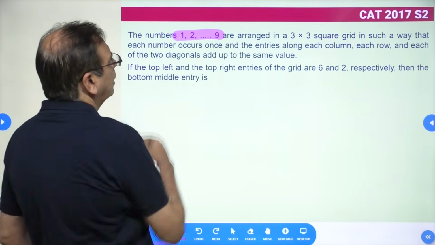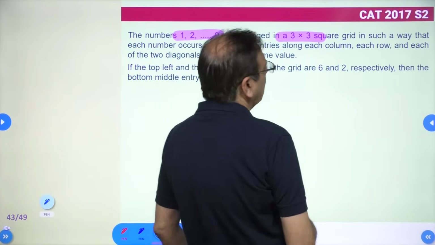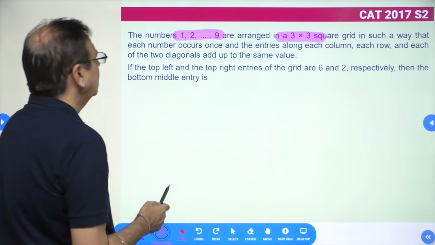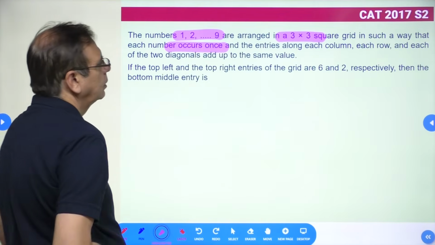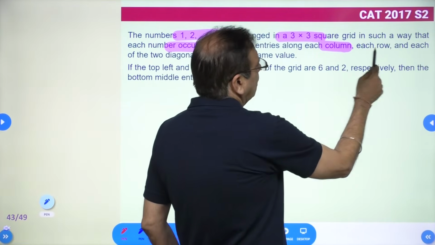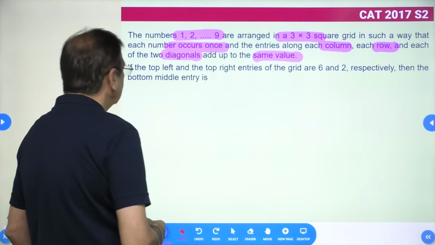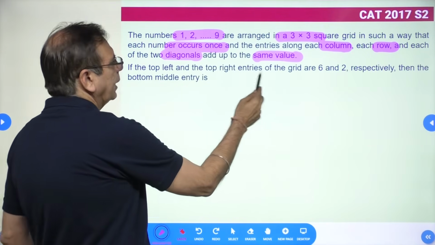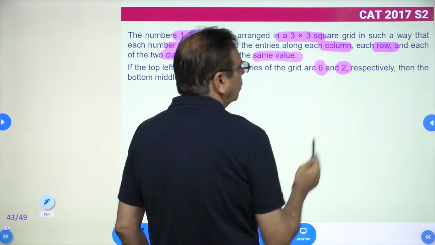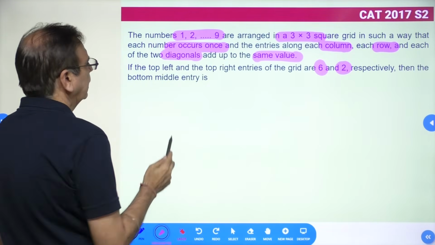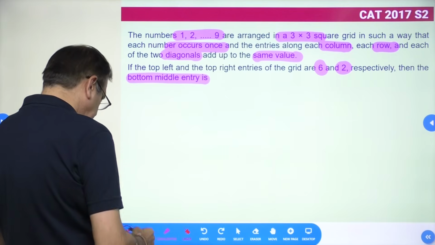Numbers 1 to 9 are arranged in a 3 by 3 square grid in such a way that each number occurs once. Entries along each column, row, and each of the two diagonals add up to the same value. If the top left and top right entries of the grid are 6 and 2 respectively, then the bottom middle entry is how much? Okay.